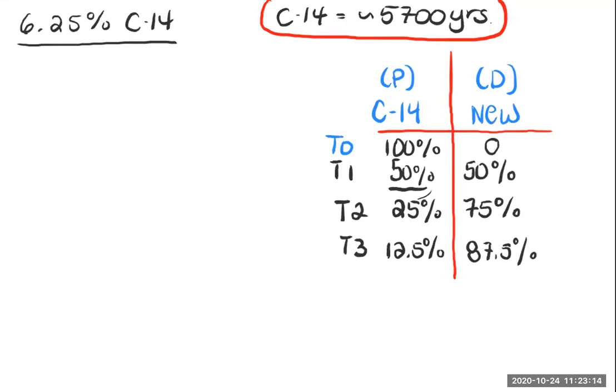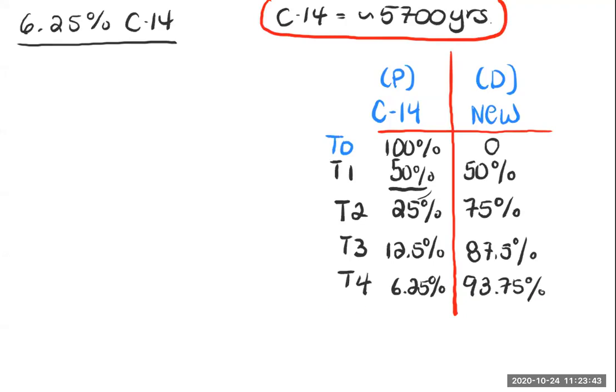And finally, another 5,700 years goes by, and I have half of this now, which is 6.25%. Okay, which leaves me with a daughter amount of 93.75%. And that will be at time 4 half-lives, correct?